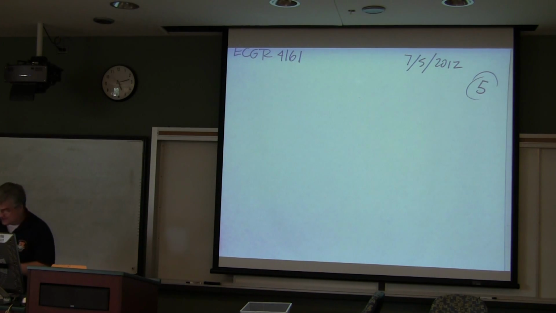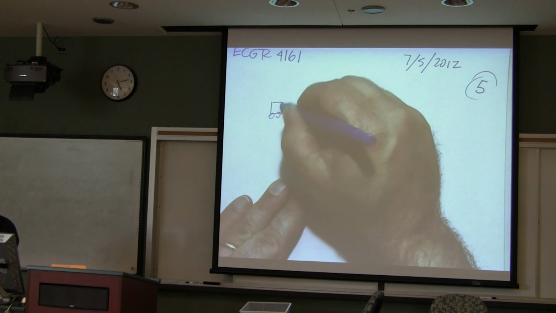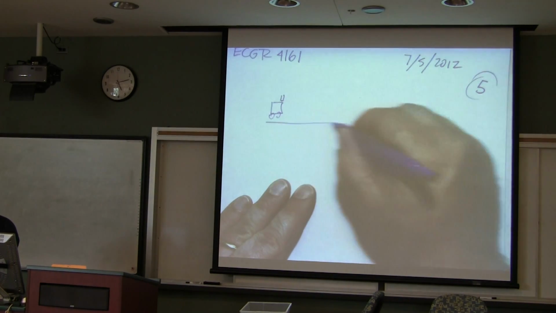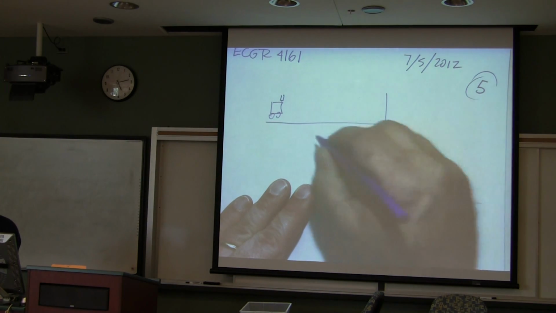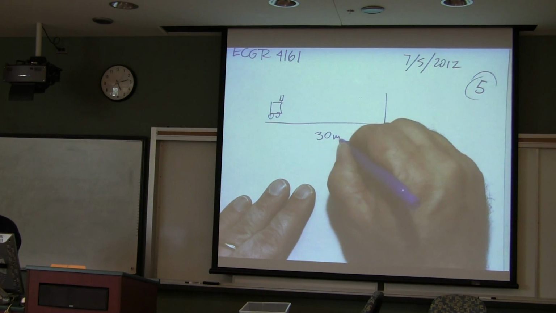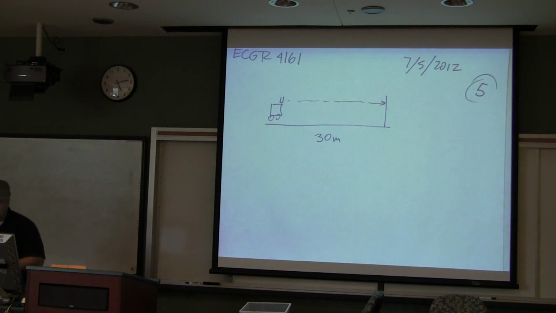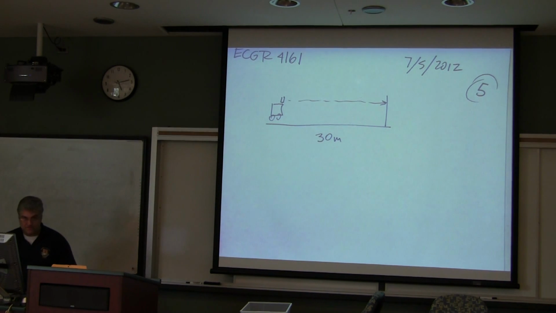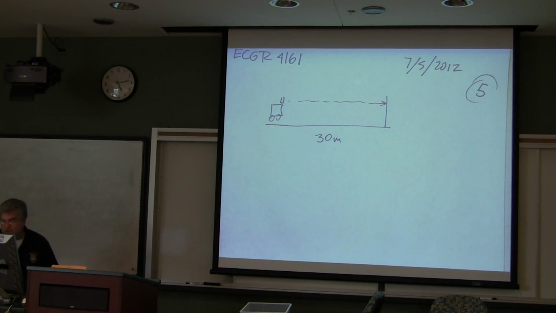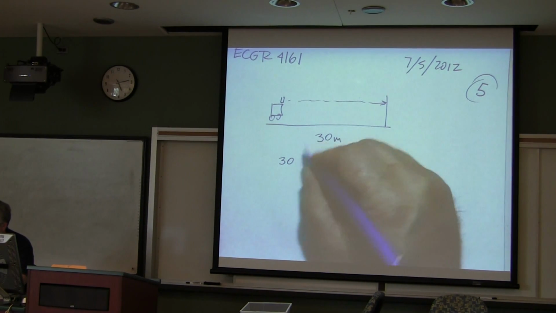If this vehicle is here, and there's my ultrasound, and it is 30 meters away, we know how long it will take for that to be transmitted. We need the speed of sound.